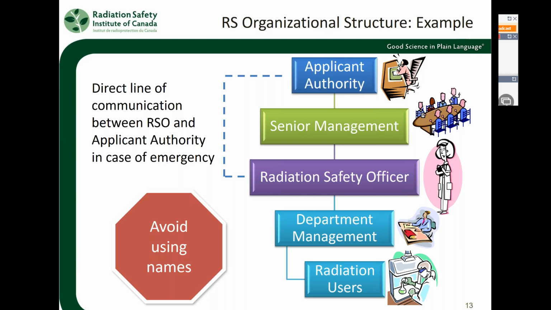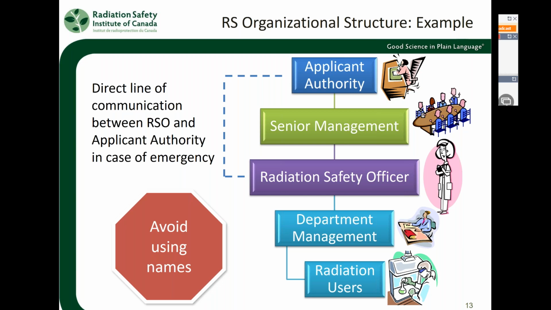The reason is that when you submit your license application, if you wish to change the structure, because say your radiation safety officer leaves or your applicant authority changes, you have to submit a new one to the CNSC. I should qualify that if either of those positions change, you have 15 days to notify the CNSC of the change and who the new applicant authority or radiation safety officer is.